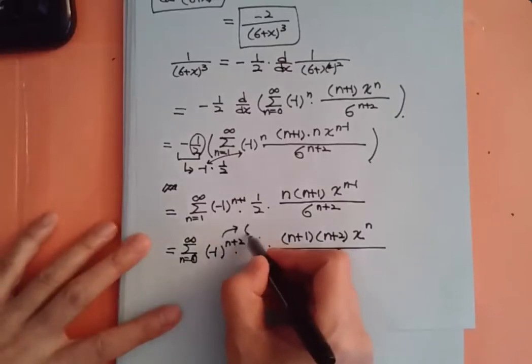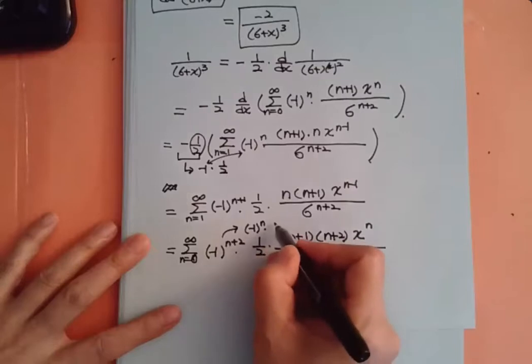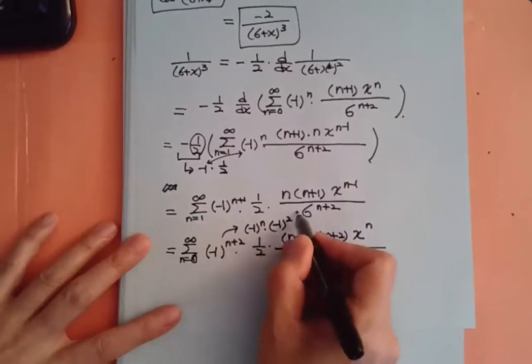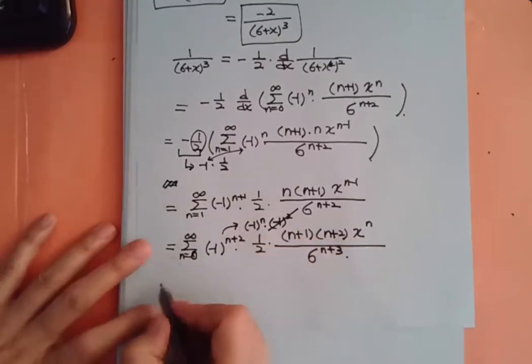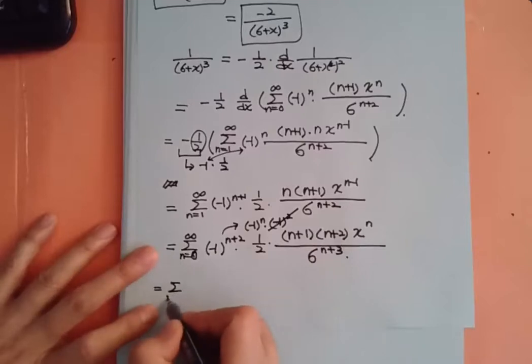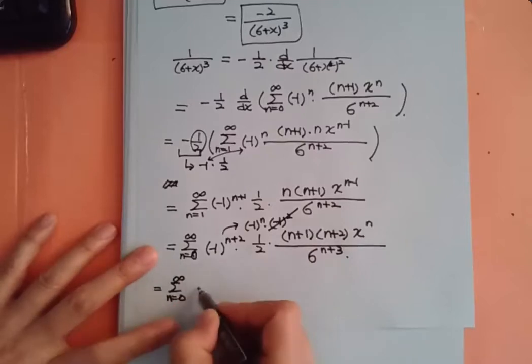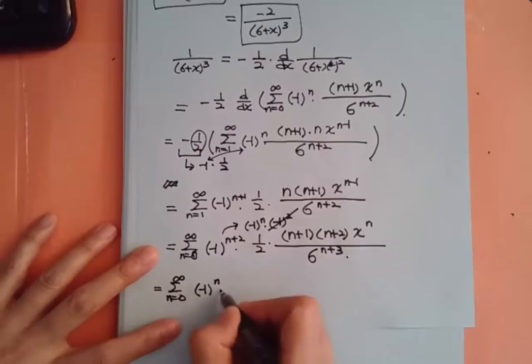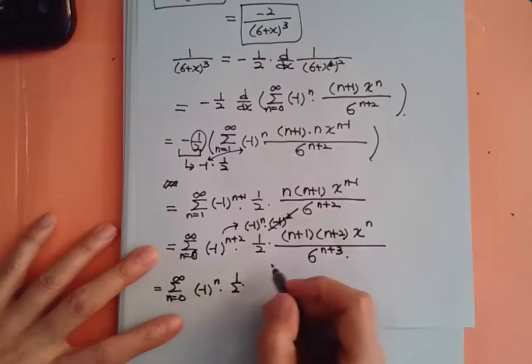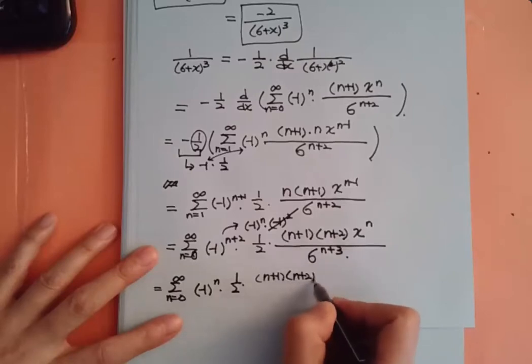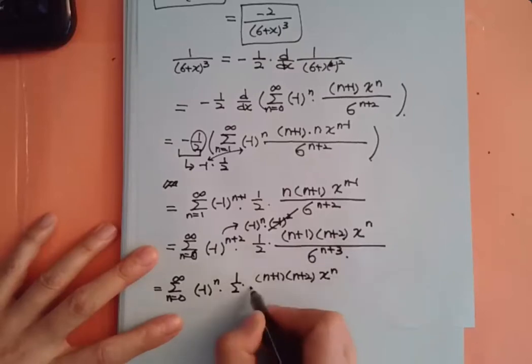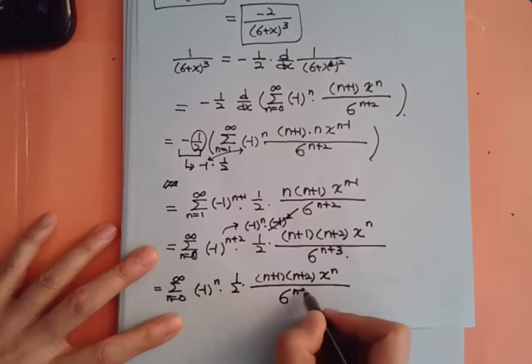So this one is -1 to the n power times -1 squared. This one is 1. So that is summation n equals 0 to infinity, -1 to the n power times 1 over 2 times n plus 1 times n plus 2 times x to the n power over 6 to the n plus 3.